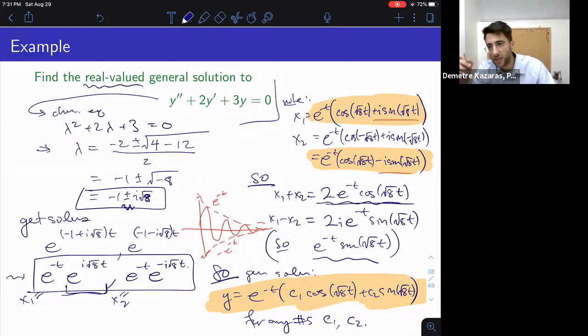If they're complex, you got this trick that I just showed you for getting the sine and cosine type answers. And if you get repeated complex, it's a very similar procedure. No, sorry, you never get repeated complex. What am I talking about? Ignore that last statement. We know how to do these entirely.